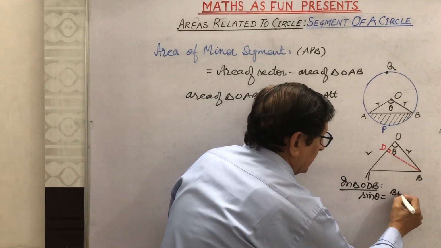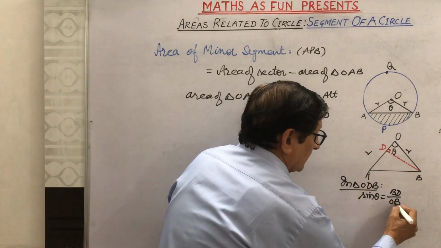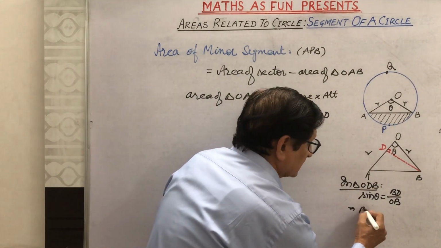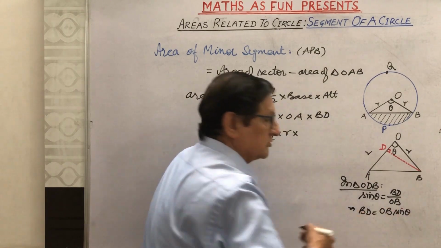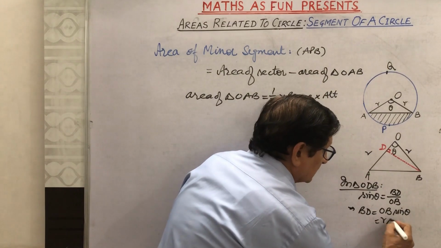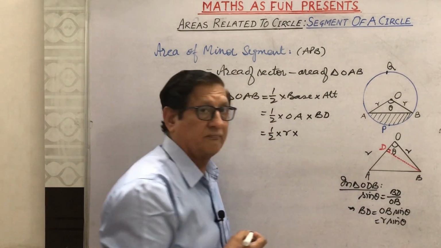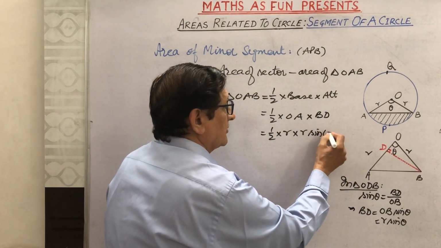Perpendicular here is BD and the hypotenuse is OB. Can we find from this that BD is equal to OB into sine theta? And OB is R, so this is R sine theta. We can apply the value of BD here as R sine theta.